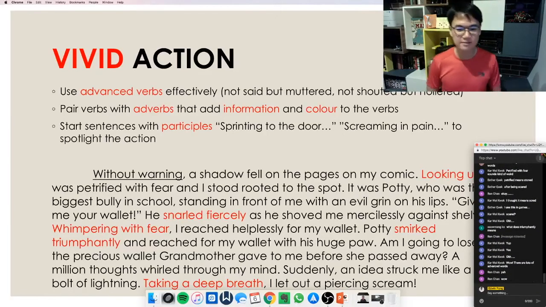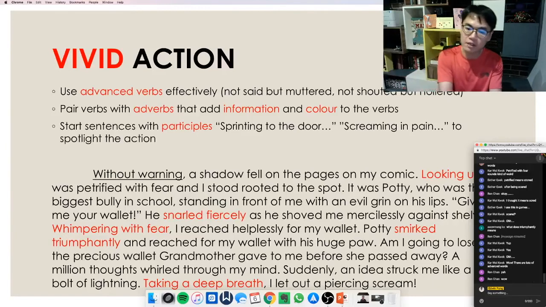Yeah, that's right. So this is about finding more advanced words to add to your story. So you don't have to use the same level of advanced words as Mr. Pang, but you can try your best to replace basic verbs like said and did and walked and ran with more complex verbs like I'm demonstrating to you.